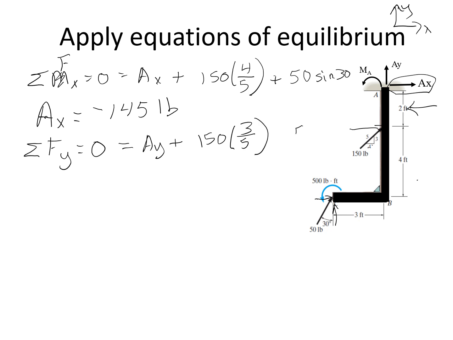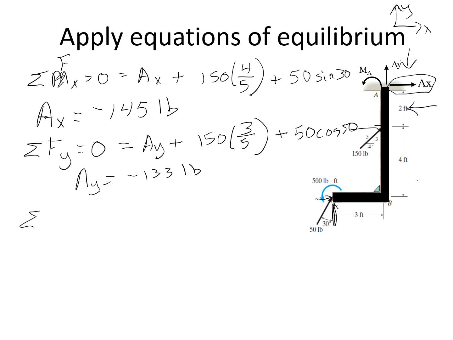And then the 50 pounds, and this component here will be the cosine of 30, and it is also positive, and so it will be pointing up. Solving this equation, I get AY is equal to negative 133 pounds. So again, I just have the wrong direction here. The AY is actually going to point down.